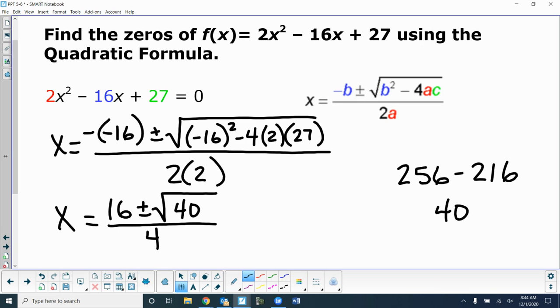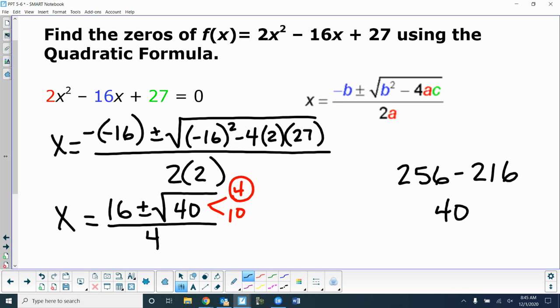Now, to put it in simplest radical form, we do our little factor tree, right? So it's 4 times 10. And I'm going to stop there because 4 is what? A perfect square, right? Is there any other perfect squares inside the 10? Just 2 times 5, right? So we don't really have to go any further.